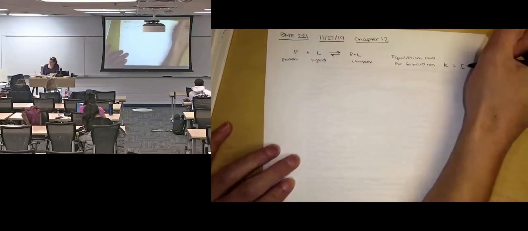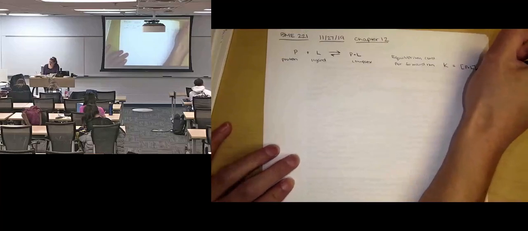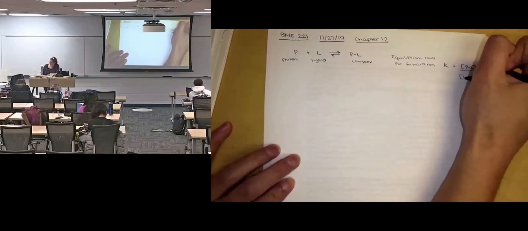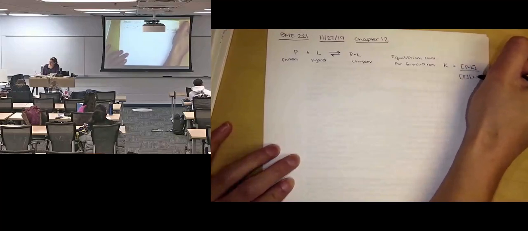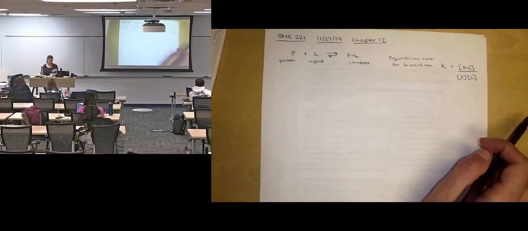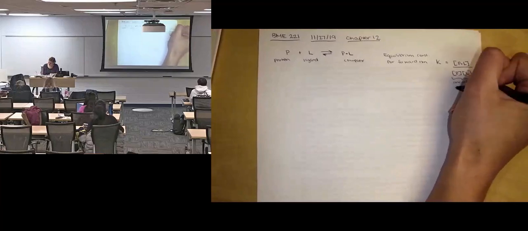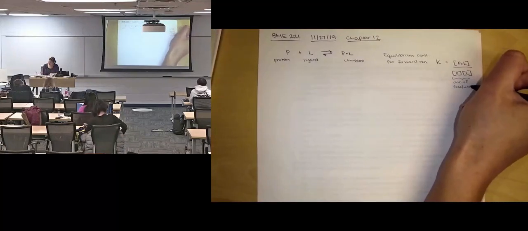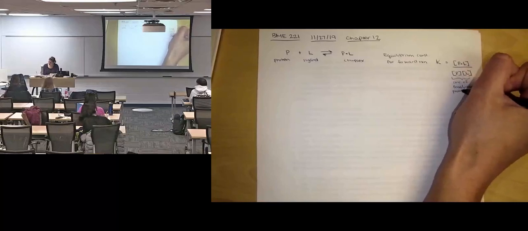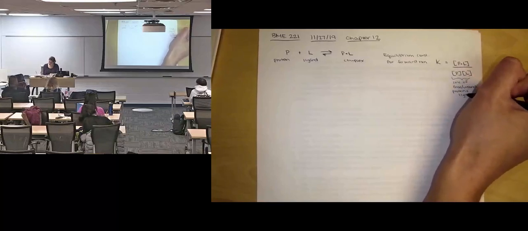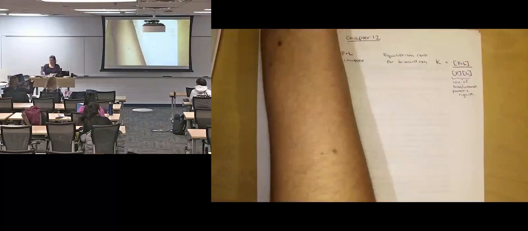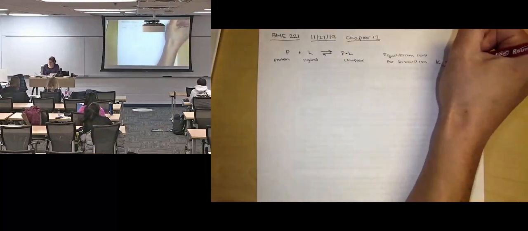The concentration of the complex, because it's the product, and then on the bottom we have the concentrations of the unbound or free protein and ligand. We call this the association constant, with a capital A down here.